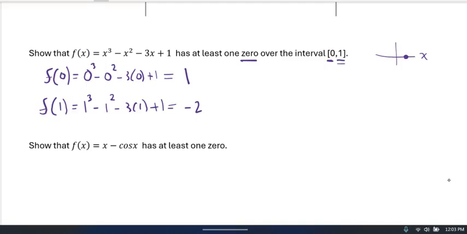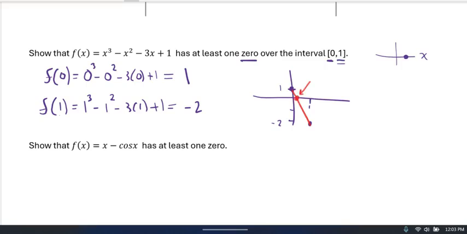Well, notice on our graph, f of 0 is 1. Let's think about this graphically. f of 0 is 1, so that's here when x is 0. And f of 1 is negative 2, so we have a point right here. Those are our 2 points. If you draw from the one on the left to the one on the right, the only way to do that is to necessarily cross the x-axis somewhere.